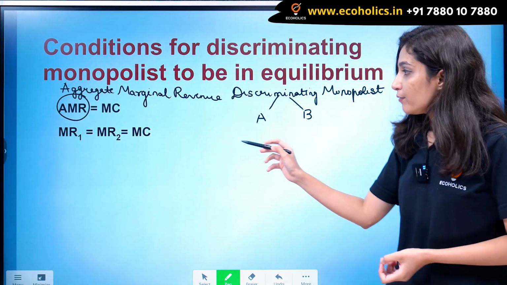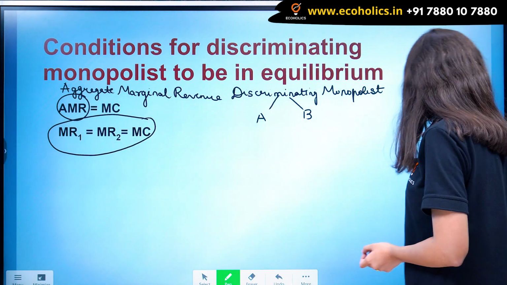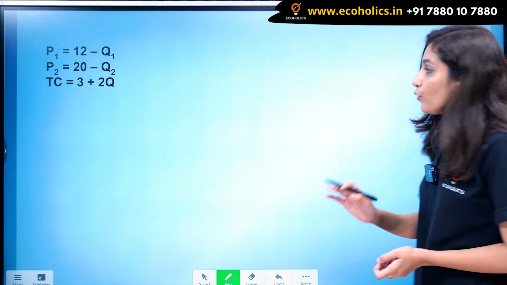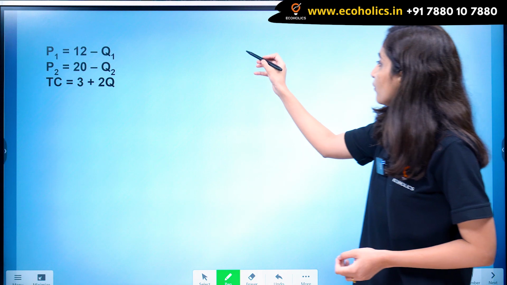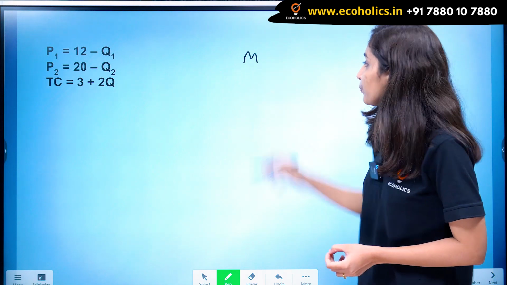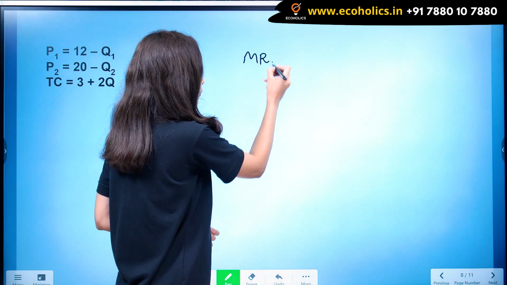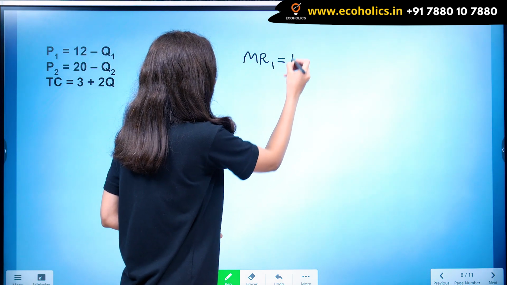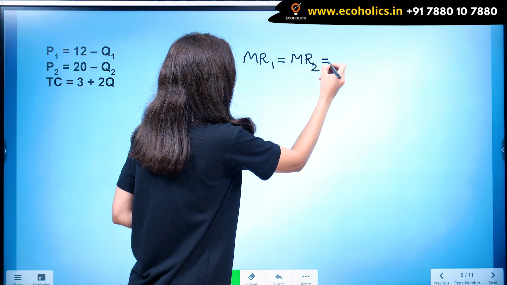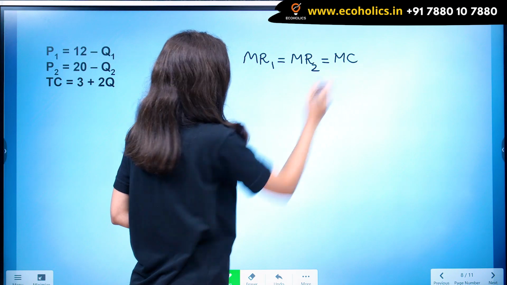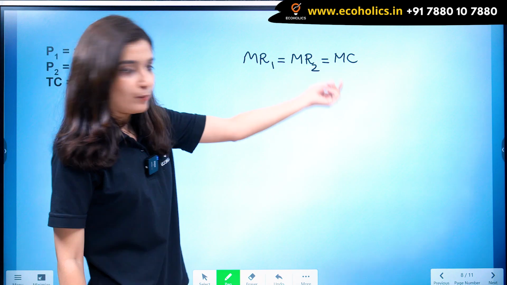So for a discriminating monopolist to be in equilibrium, we have the condition MR1 is equal to MR2 is equal to MC. So we need to find MR1, MR2 and MC.